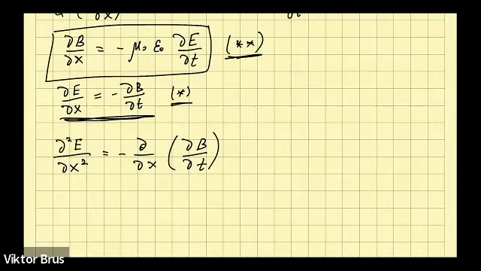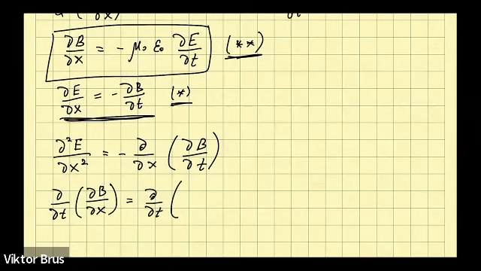Now let us do a similar procedure. Let us take the partial derivative over time of the second equation. So it will be d over dt of dB over dx, equal to d over dt of the left side of the second equation.